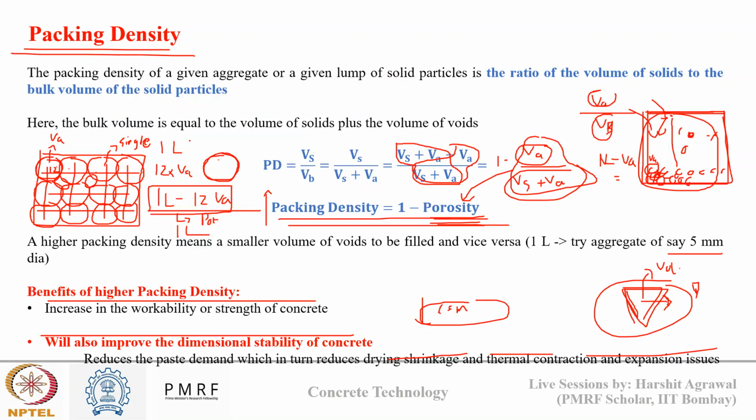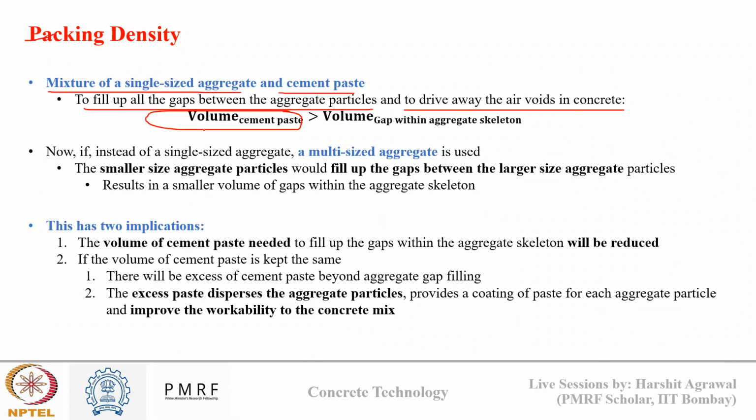In this diagram, we require cement paste to completely fill these gaps, and to coat the aggregates also, with a single layer of coating between aggregates, so that the aggregates are bonded.